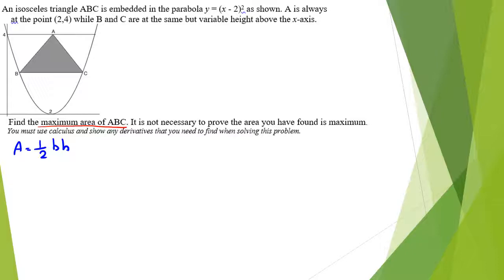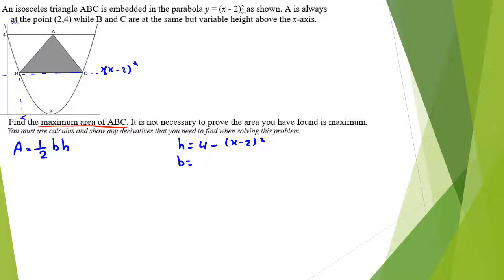This bit here is the y value when x is substituted, so this is x, and that y value is (x minus 2) all squared, so that means the height of the triangle is 4 minus this y value.